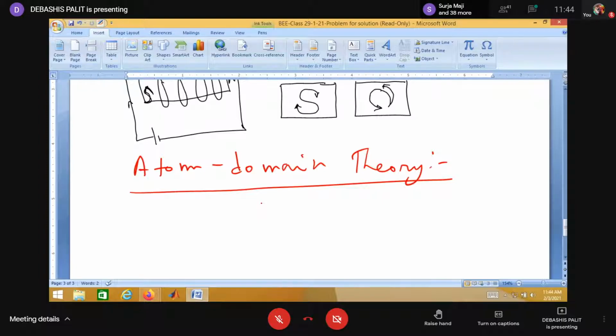There are different numbers of electrons as per their molecular and atomic structure. In some substances, the total number of electrons having positive spin, meaning one direction, is not exactly equal to the total number of electrons having negative spin. So unbalanced positive spin or unbalanced negative spin will create the dipole orientation.